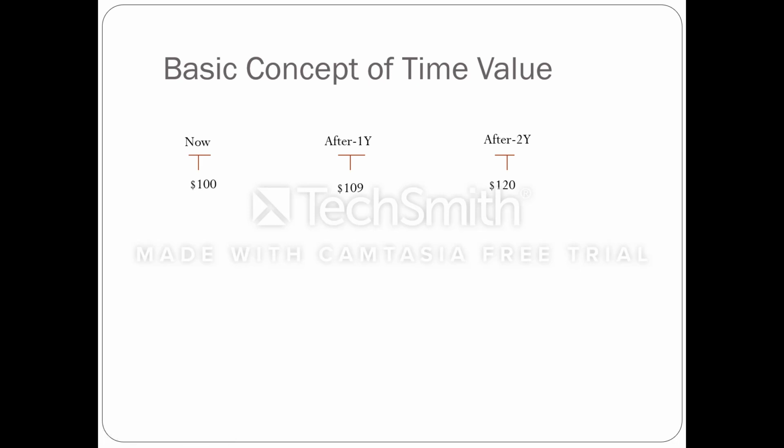In that case, you might be thinking, am I losing something because I'm getting it after 2 years, not right now? Then yes, you are losing something. And in order to make the best decision, the best way is to compare all these cash flows at a single point in time rather than at different points in time.